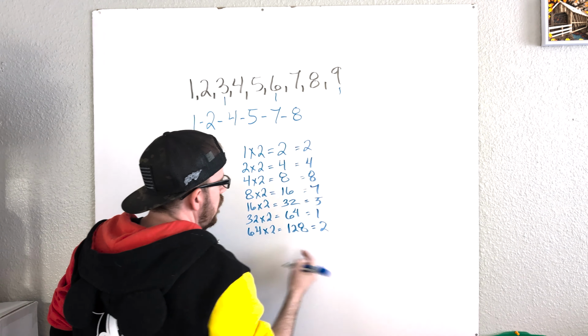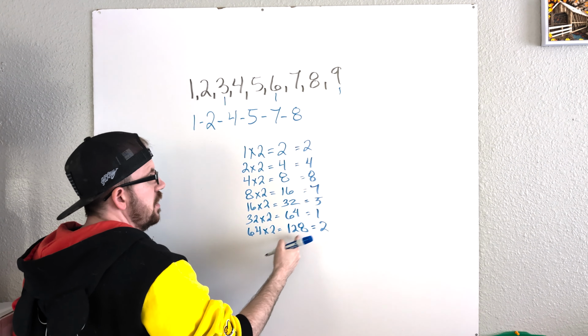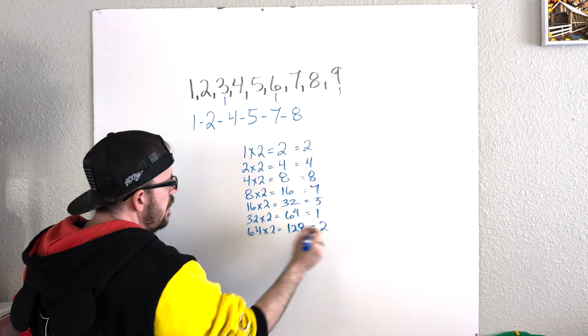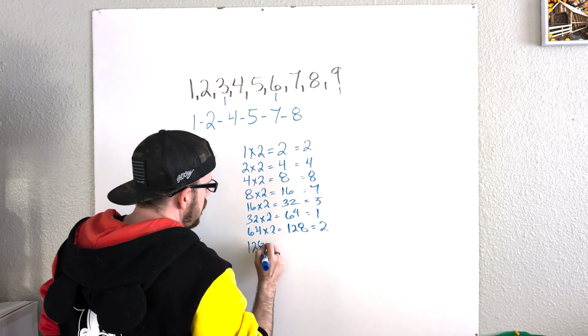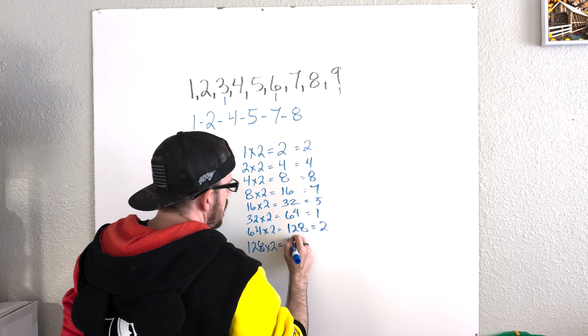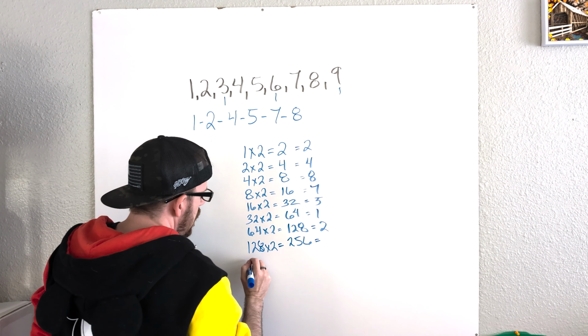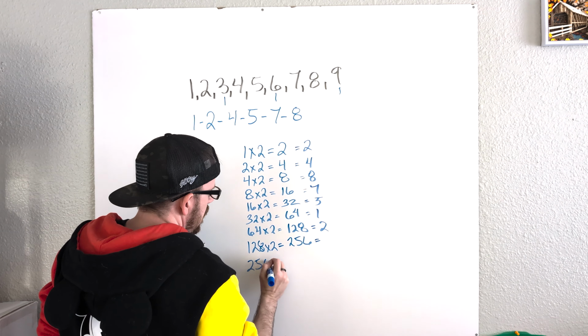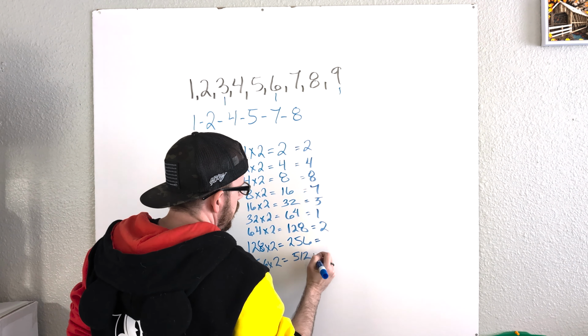And then I've got a 2. 1 plus 2 plus 8 is going to be 11, 1 plus 1 is going to be 2. If I were to keep going, 128 times 2 is going to end up being 256. Okay? 256 times 2 is going to end up being 512.